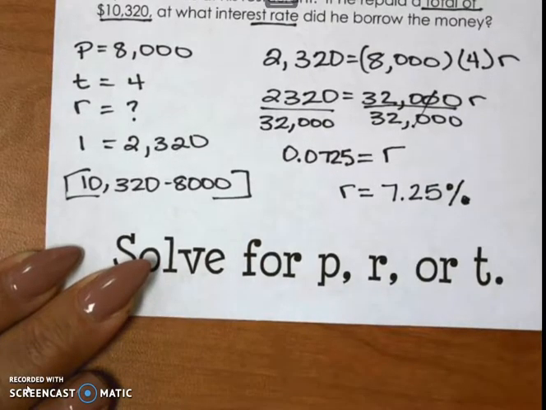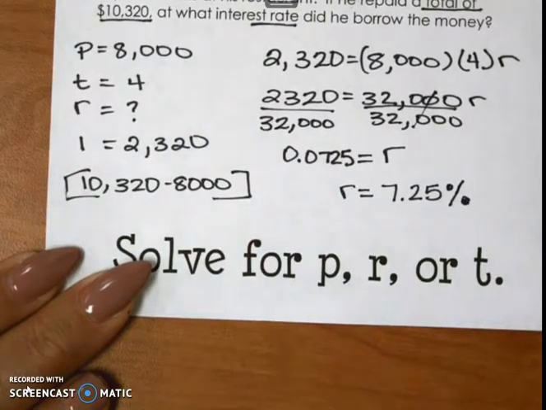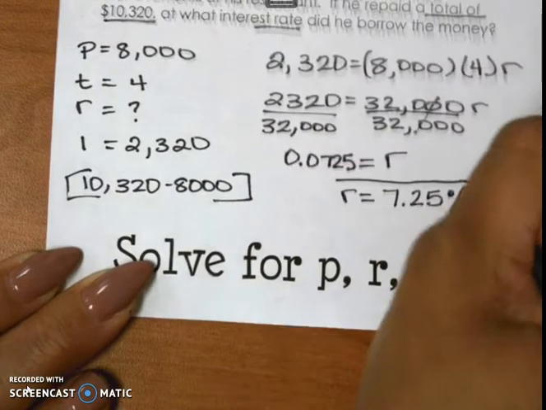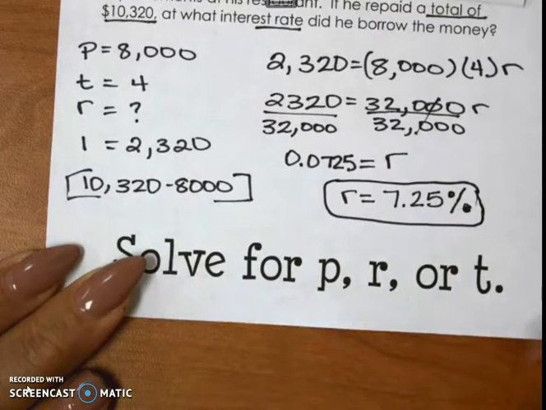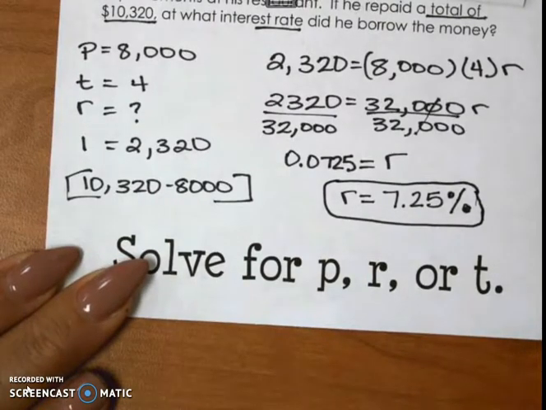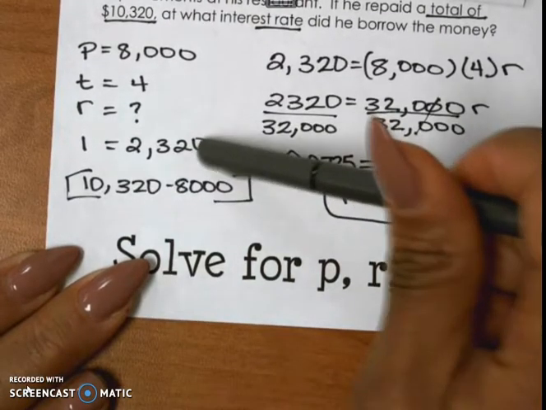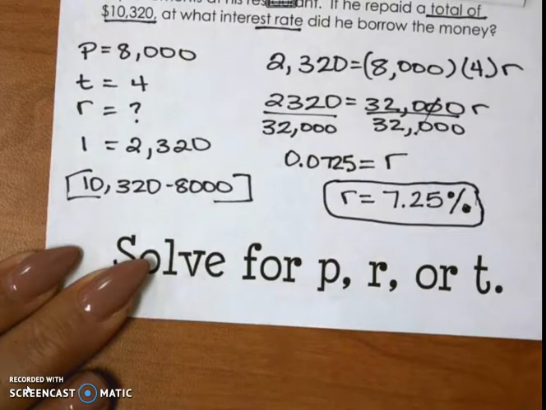I do need to have my rate in a percent. Make sure you don't make any mistakes with your numbers to get off. Rate's always in percent. Here is where the mistake would have happened, where you would have put 10,000 as interest versus what the interest really is.